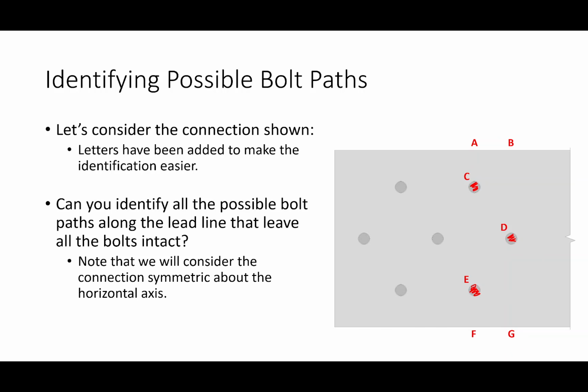Now, what we're going to try and do is identify all of the potential failure paths that this tension member could experience that would cause the tension member to fracture in half. Okay. Now I'm going to walk you through the first one, and you'll just bear with me on this one. Then I'm going to ask for your help on some others.